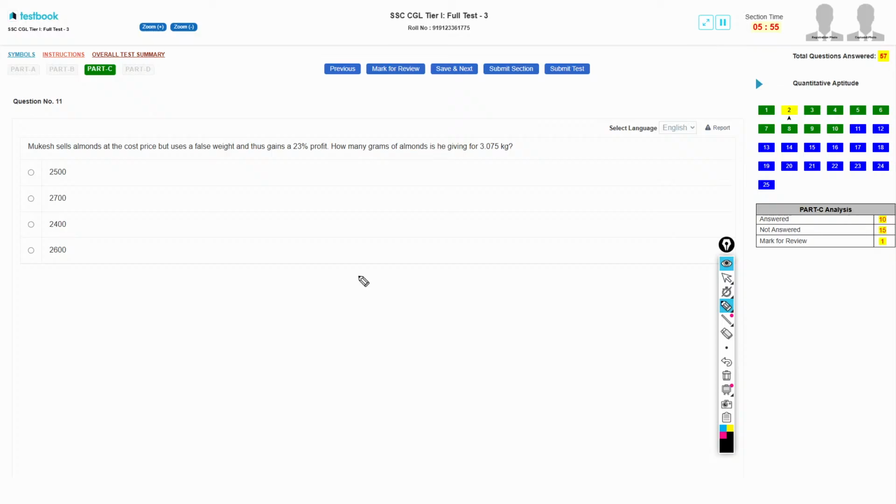Mukesh sells almonds at a cost price, but uses a falsehood. What the heck? How? Also, he gains 23%. How much should he be giving? I'll just skip it. 731 535 4363, 500.